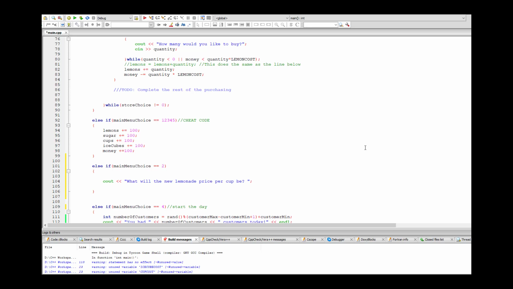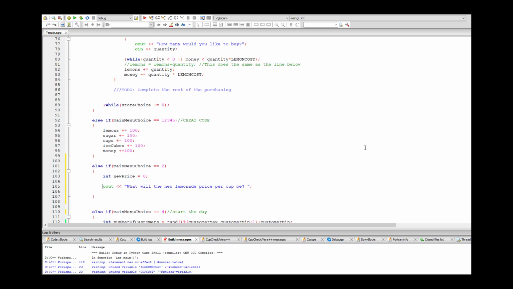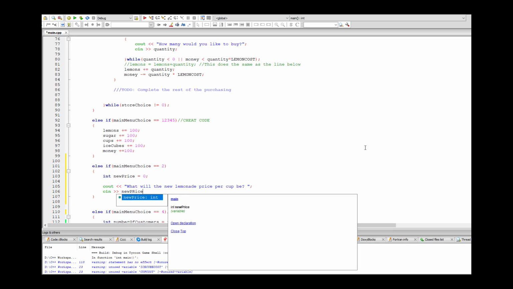We will deal with each of those in its own right in a minute. Okay, so what we'll do is we'll say int new price is equal to 0. Okay, and then down here we will say cin new price.